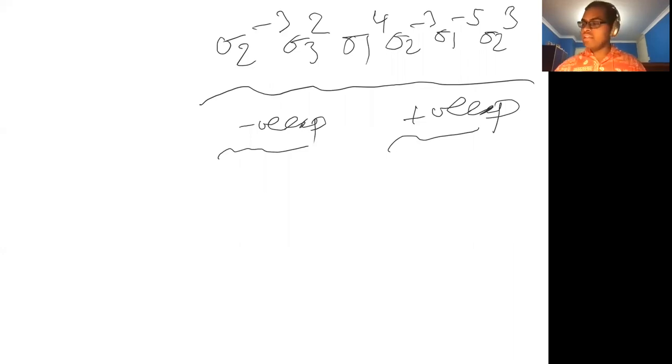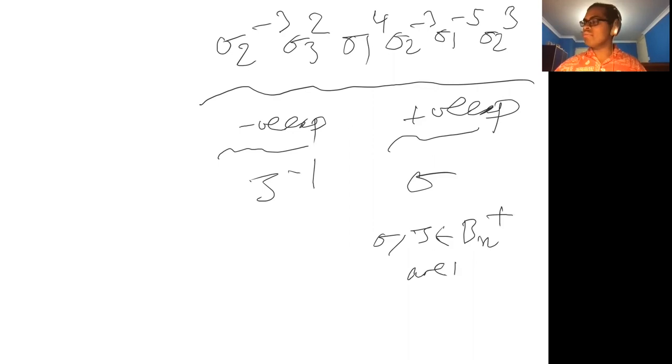Another way of saying that is it's tau inverse sigma, where sigma and tau are in Bn plus, and this is true for all n. Bn plus are what are called positive braids. A positive braid is a product of positive powers of the generators. And so tau inverse is going to be a product of negative powers of the generators. And this is a representation that Garside established.